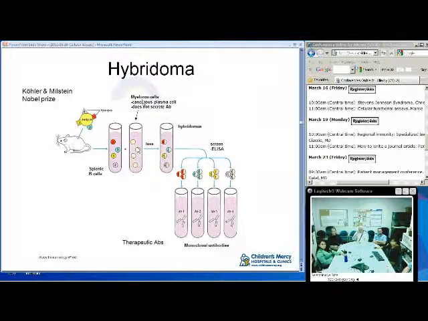You fuse them with a specialized myeloma cell line that doesn't secrete antibody, and you create a hybridoma. Then by a specific screening method and particular media, you can do an ELISA to determine the specific antibody of interest that you want. And then you can generate that particular hybridoma. These are now monoclonal antibodies, and we can use them as therapeutic antibodies.